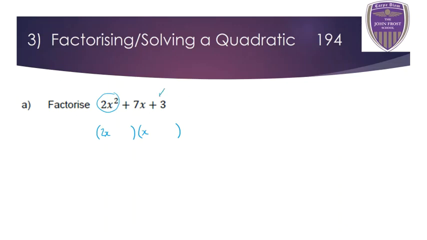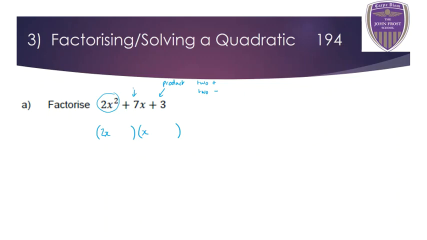Now, if I look at my product here, it means I'm multiplying 2 numbers together to make 3, positive 3. So I'm either multiplying 2 positive numbers together, or I'm multiplying 2 negatives together. Now, how do I know whether they're 2 positives or 2 negatives? Well, I come to my middle term here, which is positive.